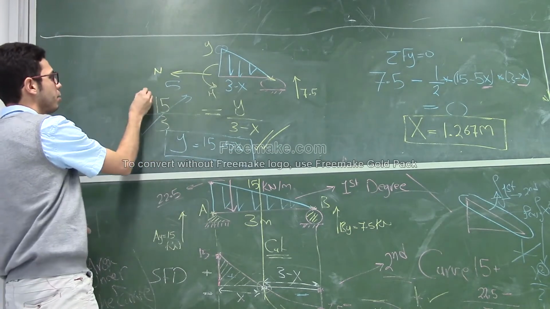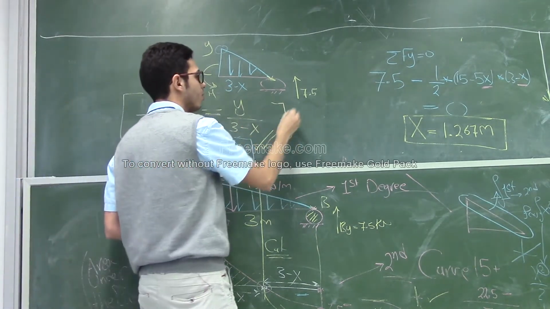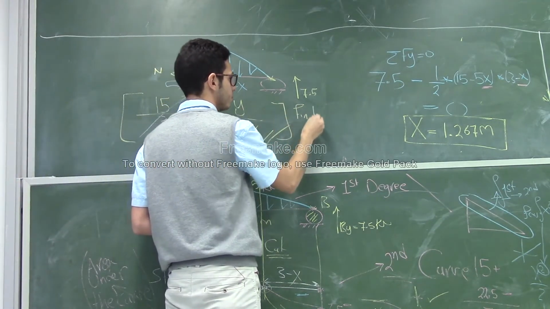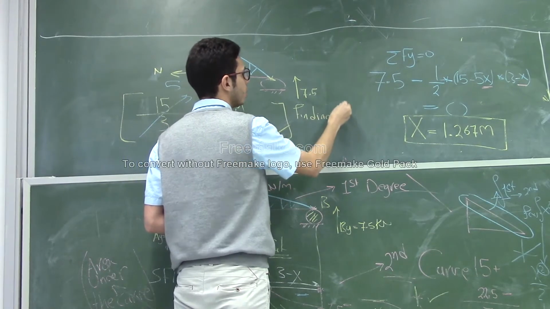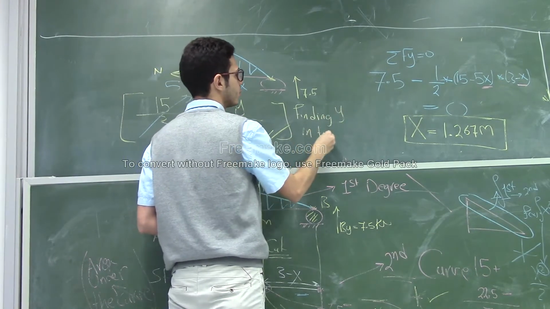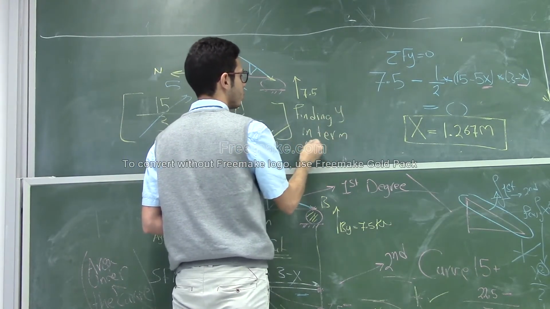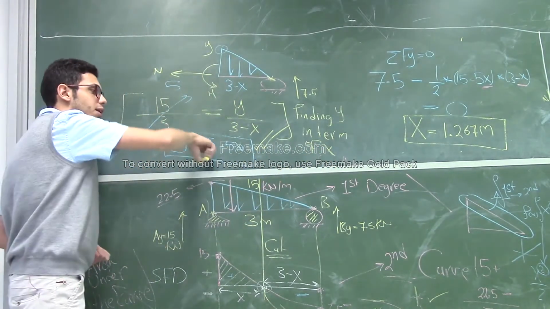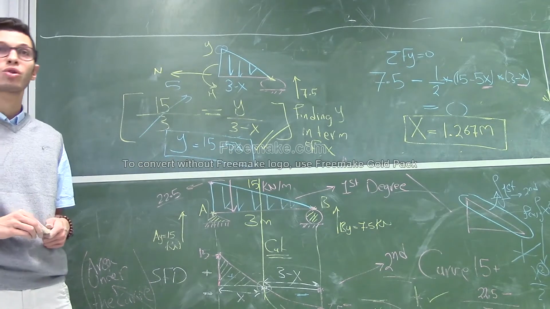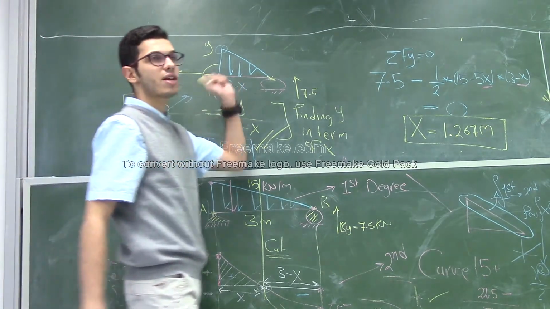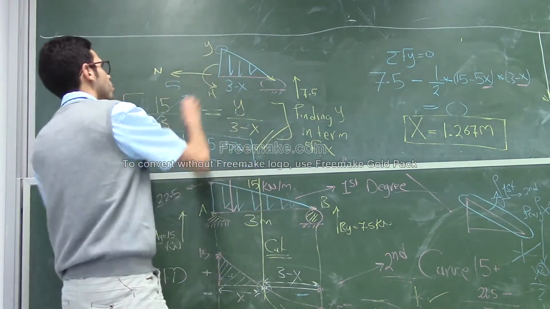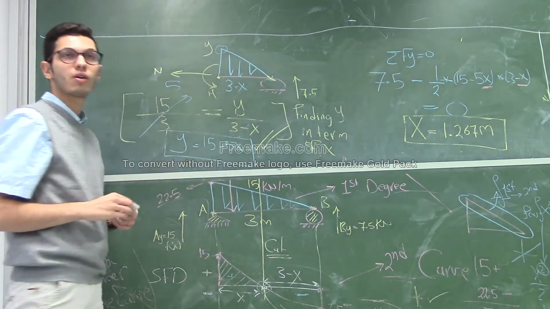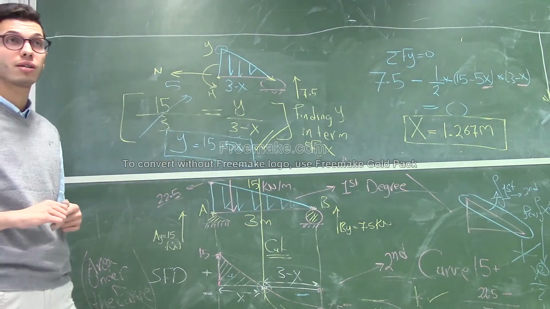So this step, we can call finding y in terms of x. We find y in terms of x, and it's 15 minus 5x. And all of us agree again that at this point it's a zero shear force, right?